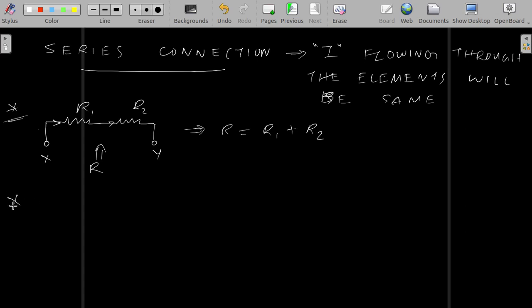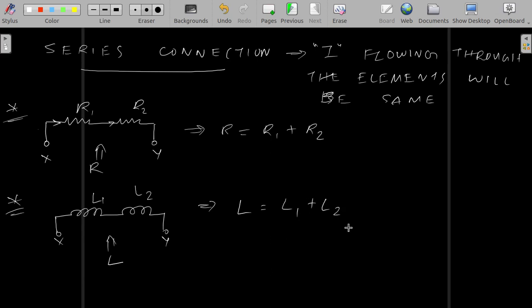And suppose here instead of resistances we are using two inductors, each having an inductance L1 and L2, and we want to find the net inductance, my mistake, L. Then what will L be? L will be L1 plus L2.